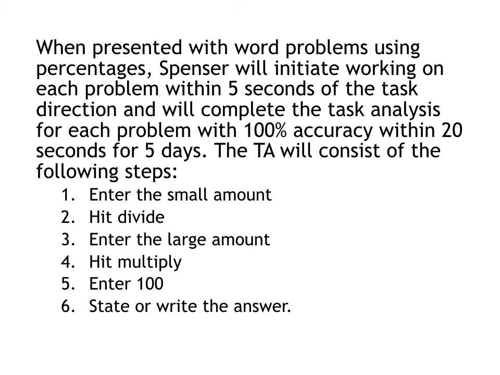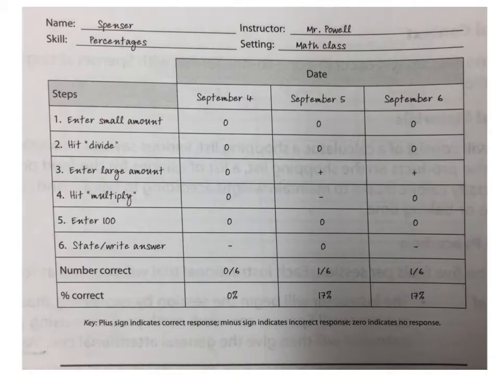Then you can have a list of steps on the left side, and dates for each day. You will see whether the student can complete each step, and you will mark yes or no, and you can get the percentage. Easy.